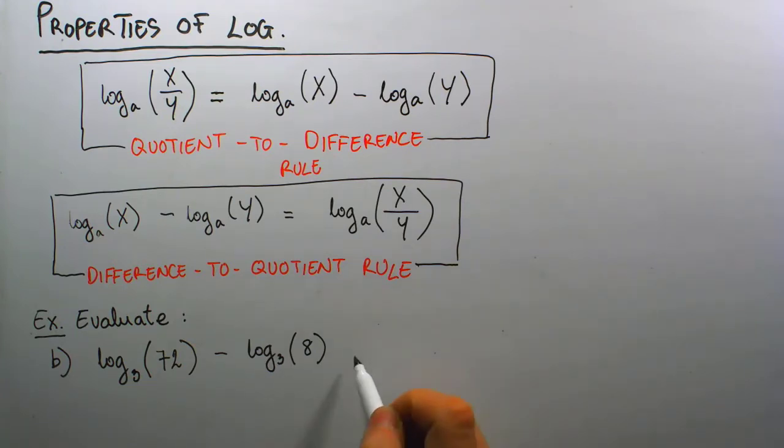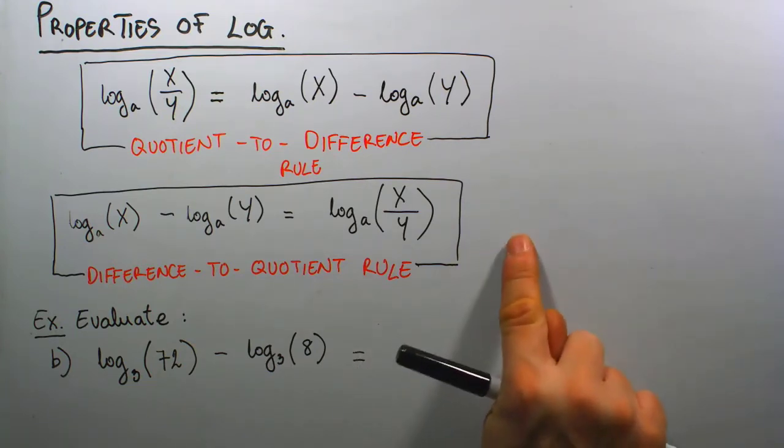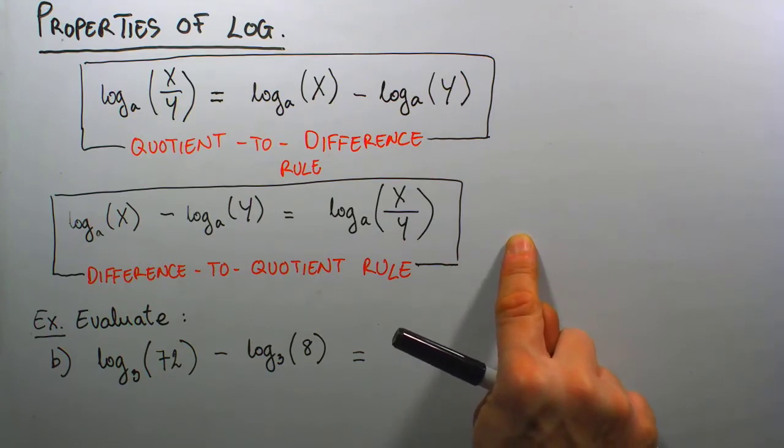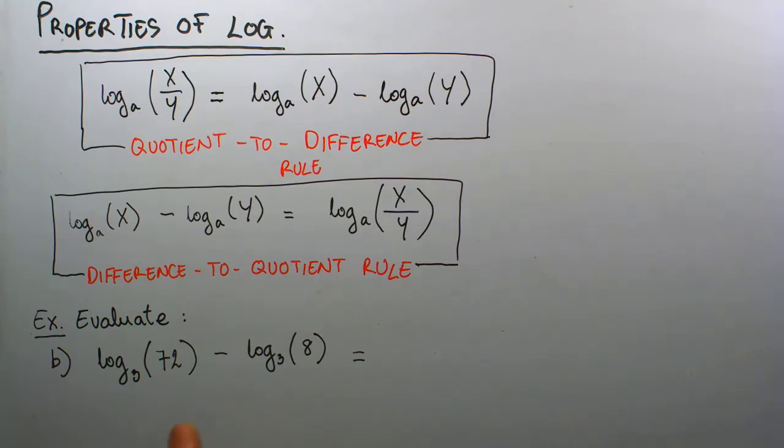But thankfully we have this property that we can use, similar to how I used that in part A. So now we can go from a difference of two logarithms with the same base and rewrite that as one logarithm, log base 3. And now inside of this log, I'm going to create a quotient, 72 over 8.